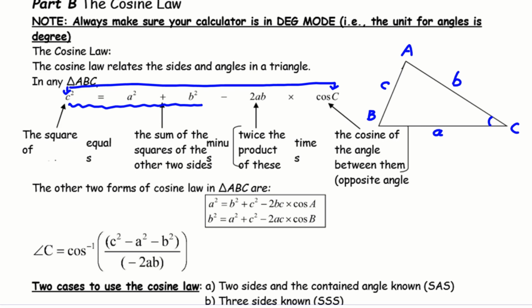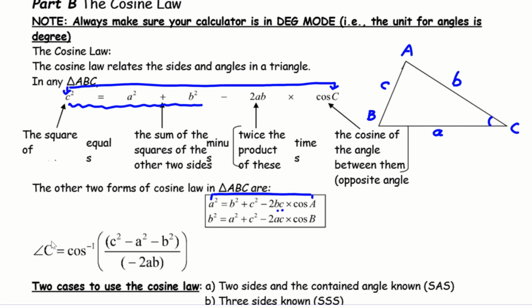And the others, because now we don't have the hypotenuse, you could use another side to do the calculation. So a squared equals the other two sides squared, added together, minus double the product of the other two sides, then times cosine A. So a and angle A correspond.